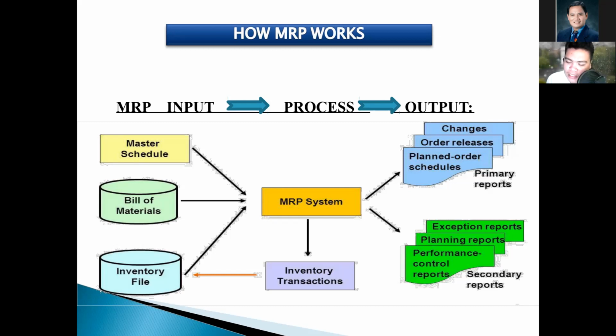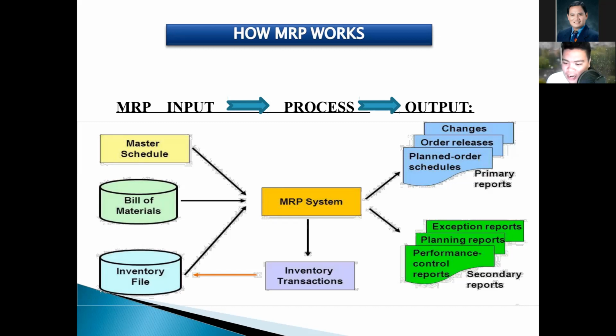And you can get two types of reports from the MRP system, which are the changes, order releases, and planned order schedules. That's what we call primary reports. And for the secondary reports, yung performance control reports naman. So for an example of primary reports, andyan yung mga PO, which is what we call purchase orders. Nandyan yung mga invoices kung saan kay MRP system mo makukuha kung how much yung dapat mong bayaran for the certain amount na in-order mo for your inventory levels.